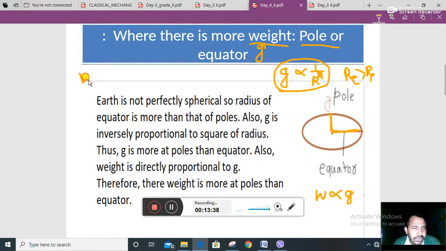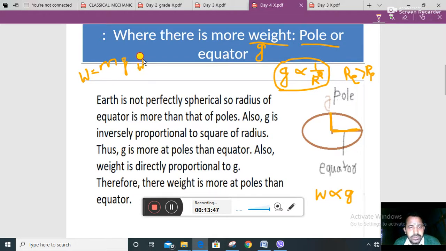Why? Because we can write weight equals mg, and mass is generally constant, so W is directly proportional to g. Using this mathematical formula, we are going to answer these questions in the same way.